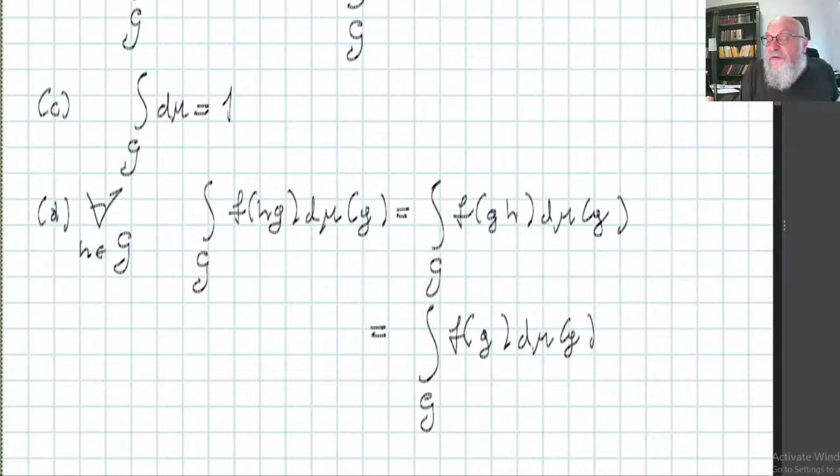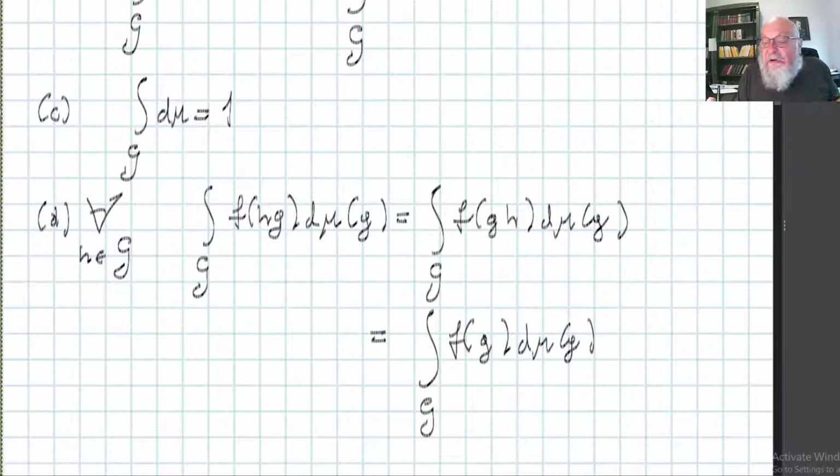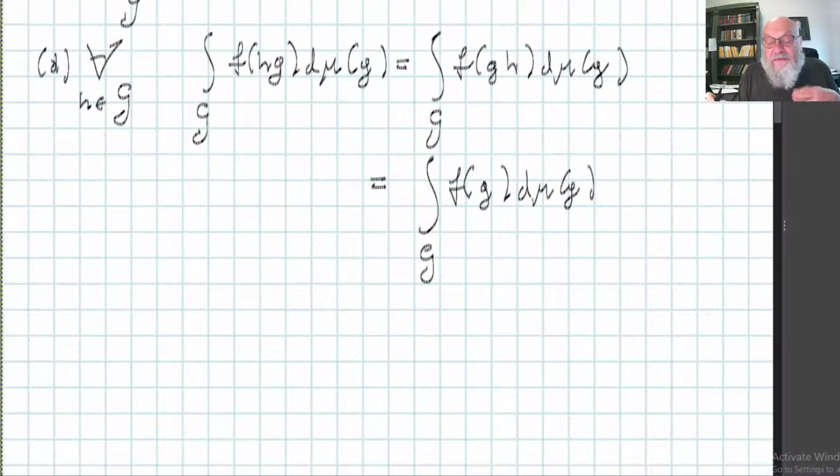That means that functions shifted from the left or from the right still have the same integral.